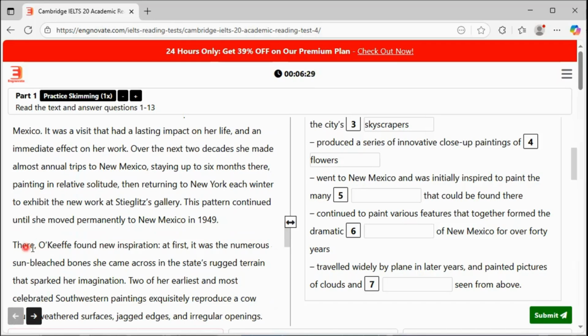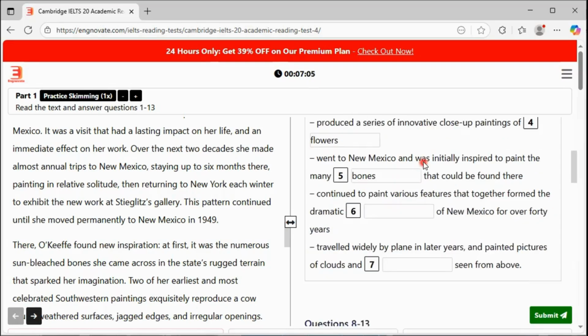At New Mexico. O'Keeffe found new inspiration. At first, it was the numerous sun-bleached bones she came across in the state's rugged terrain that sparked her imagination. That's inspiration, imagination. So this is going to be bones, many bones, numerous bones, B-O-N-E-S, bones, many bones.